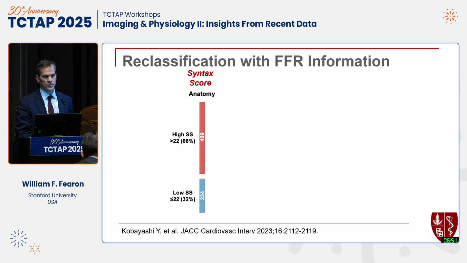We can further refine our ability to identify patients who might do better or worse with PCI or CABG by looking at some sub-studies. One is based on the SYNTAX score, and you see that about a third of patients in FAME-3 had a low SYNTAX score and two-thirds had intermediate or high. Of course, there are probably some patients in this intermediate or high group who had reasonable outcomes with PCI, and the question is, how can we identify them?